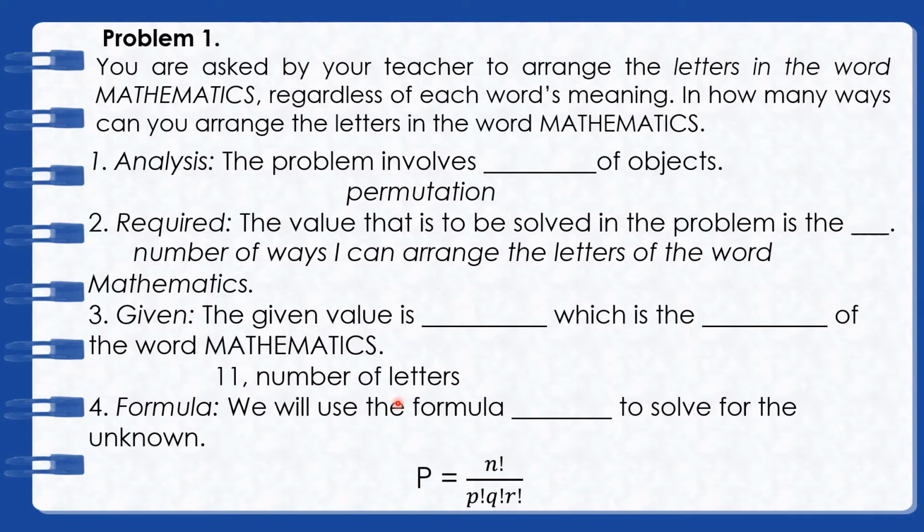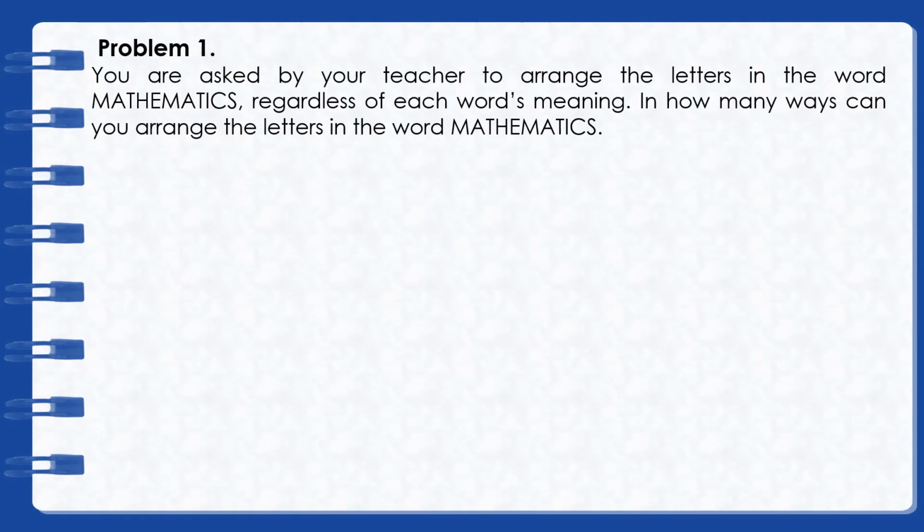So we will use the formula of indistinguishable permutation or permutation with identical objects. So the formula is permutation is equal to n factorial over p factorial multiplied by q factorial multiplied by r factorial. Let us continue to solve problem number 1. So next to formula is the solution.